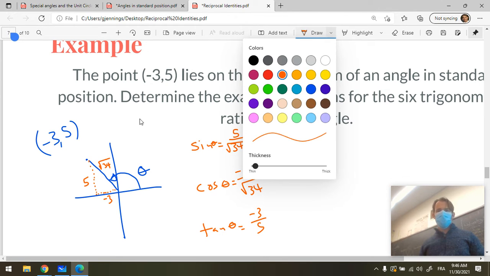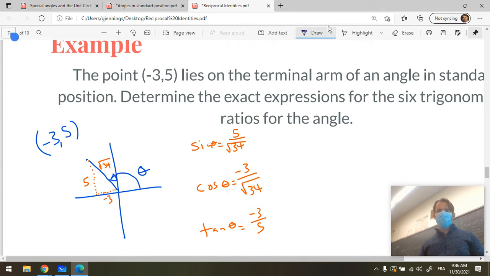Now I can use those and just flip them to get my other three trigonometric ratios to make 6. So sine is related to which of the new reciprocal trigonometric identities? Cosecant. Yeah, good. So cosecant of theta is equal to, what's it equal to if sine is this? Square root of 34 over 5. Great. Yeah. It's just definitions today. It's not a lot of brain challenging stuff.